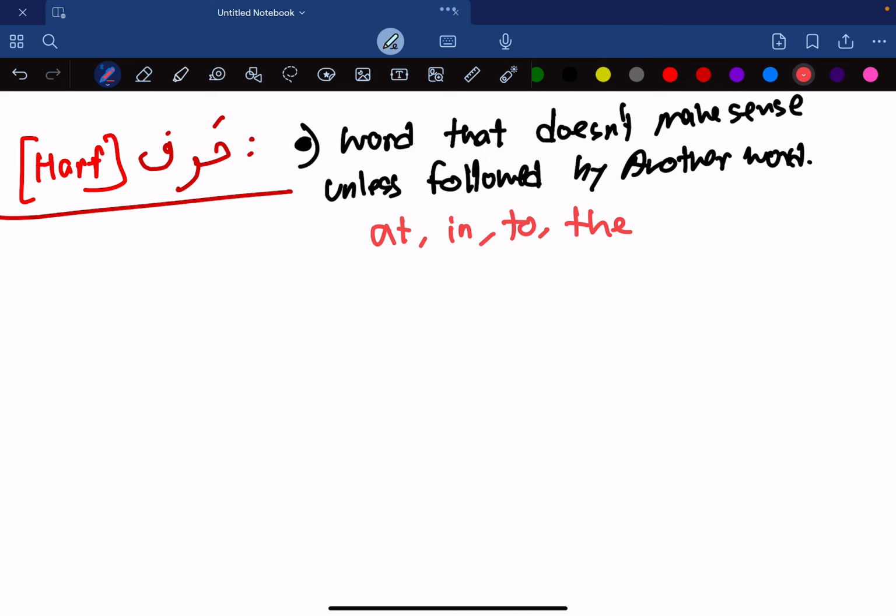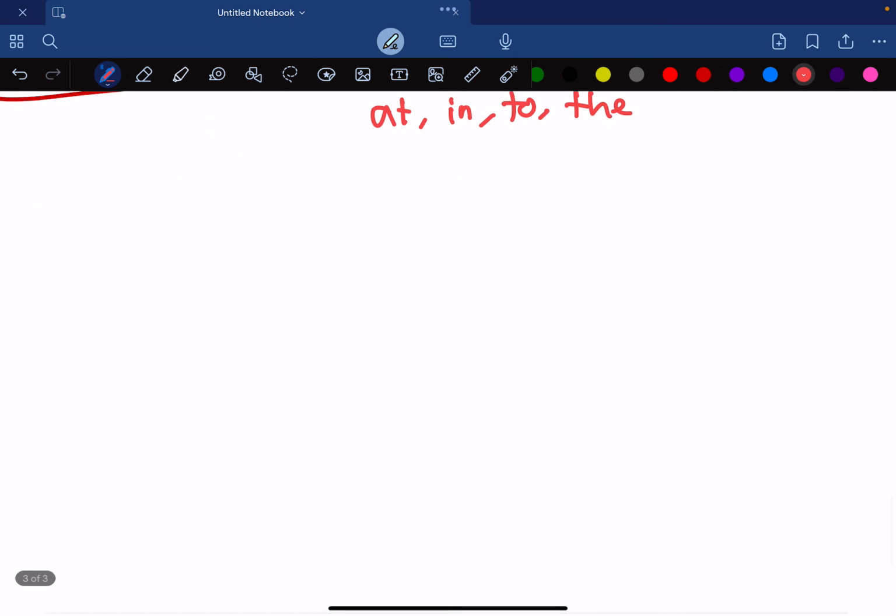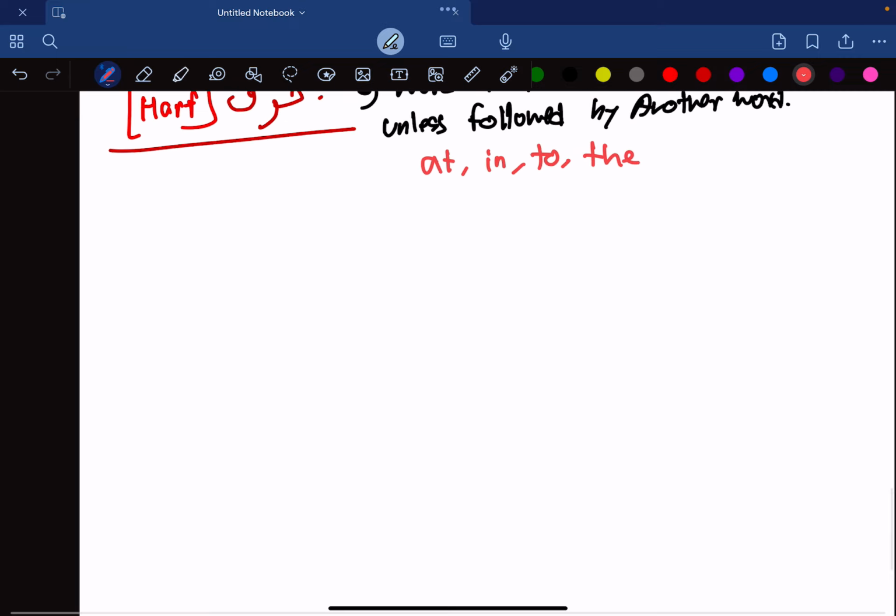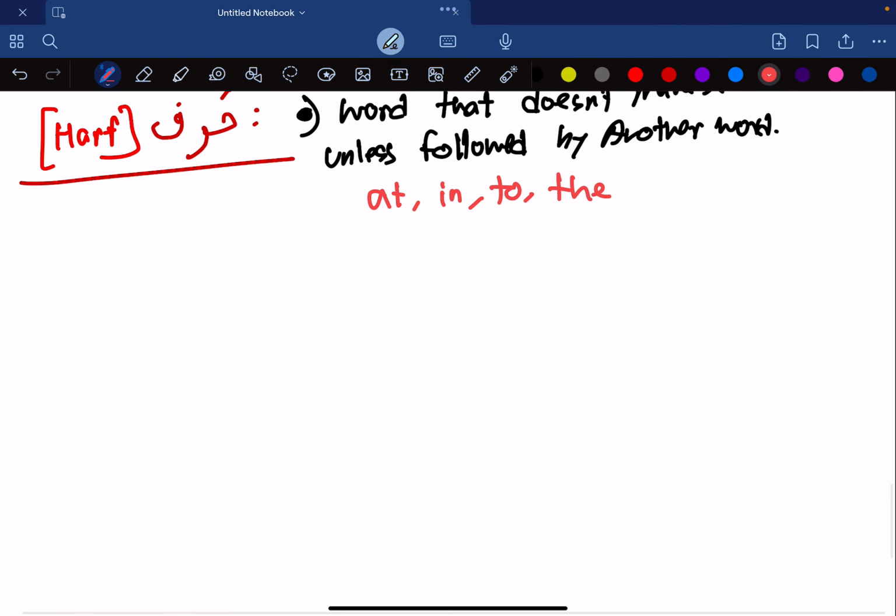You're like, in. It doesn't make sense, right? So you have to add something with the word, and only then is it going to make sense. The easiest way to say this, if you were to compare, is basically English prepositions.